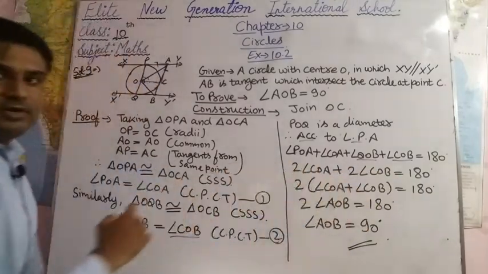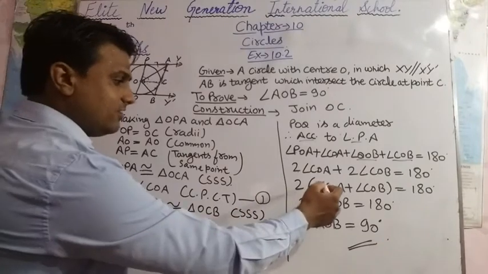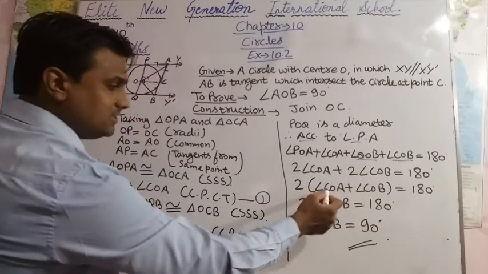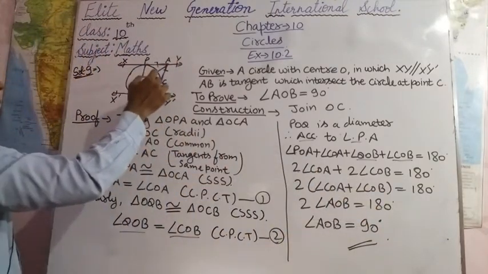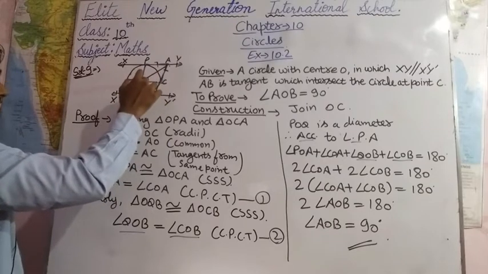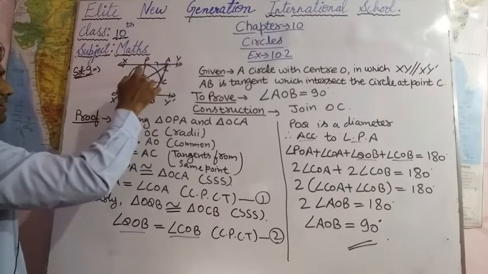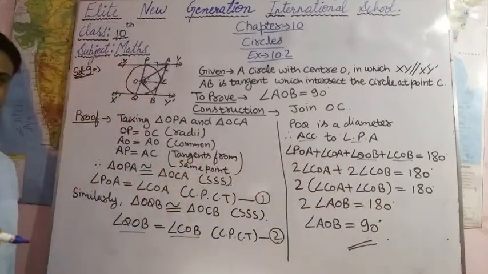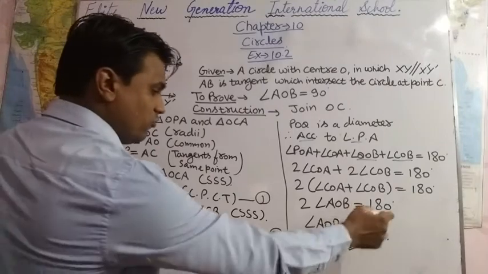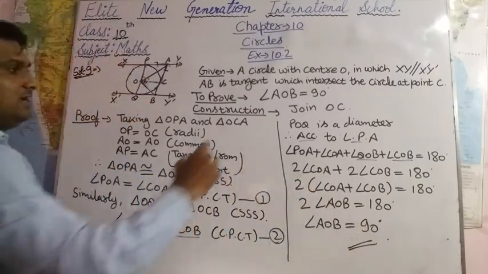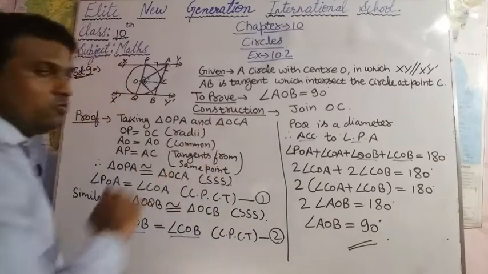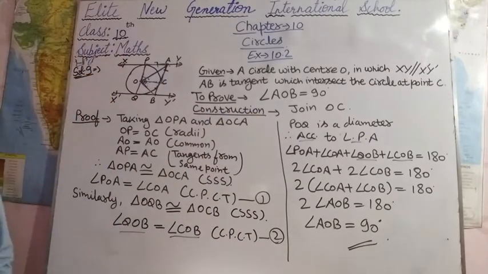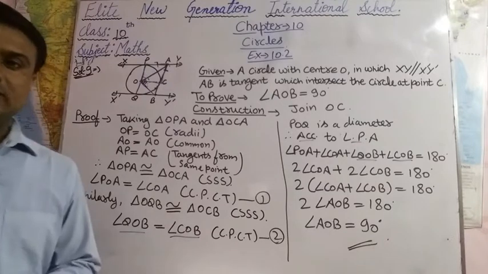Now 2 can be taken common, so angle COA plus angle COB equals 180. In the diagram, COA plus COB add up to angle AOB. So twice angle AOB equals 180, so angle AOB equals 180 upon 2, that is 90. We had to prove angle AOB equals 90. It is a very important question, so you have to do it. Now after this, see the next question.